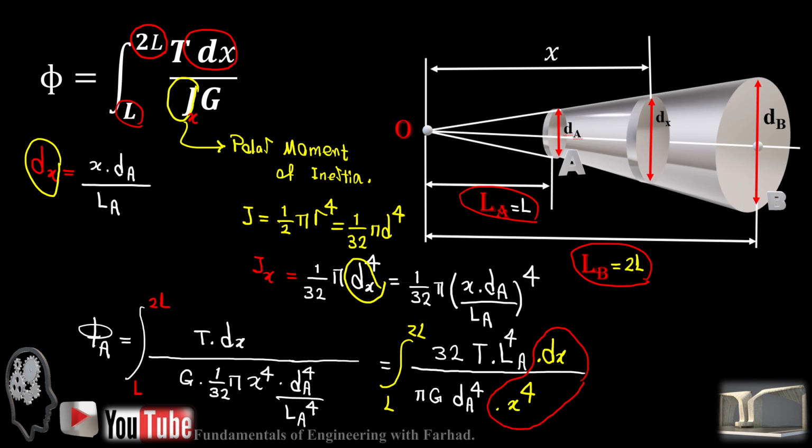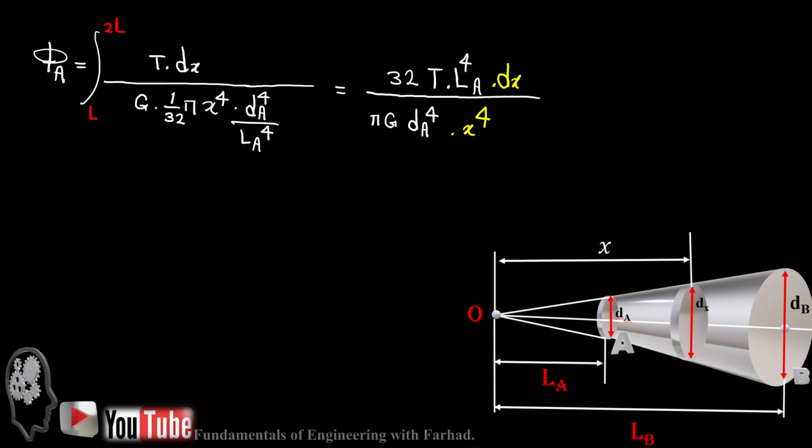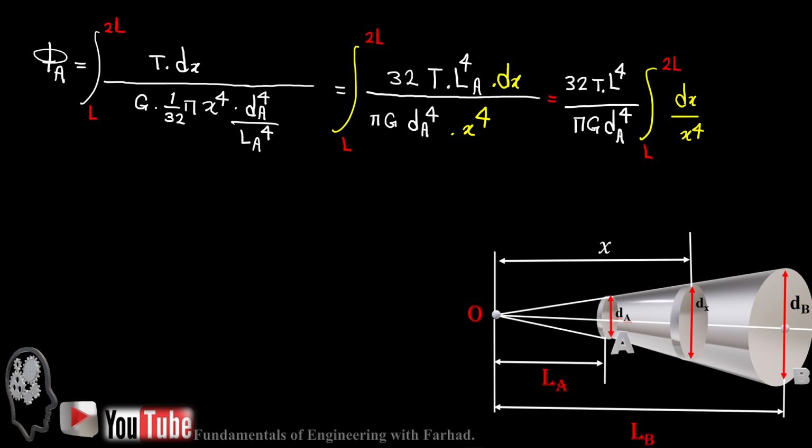So we take the constants out of the integration, and we are left with the integration of dx over x to the 4 from L to 2L, which is the length of our tapered cone considering the origin O.